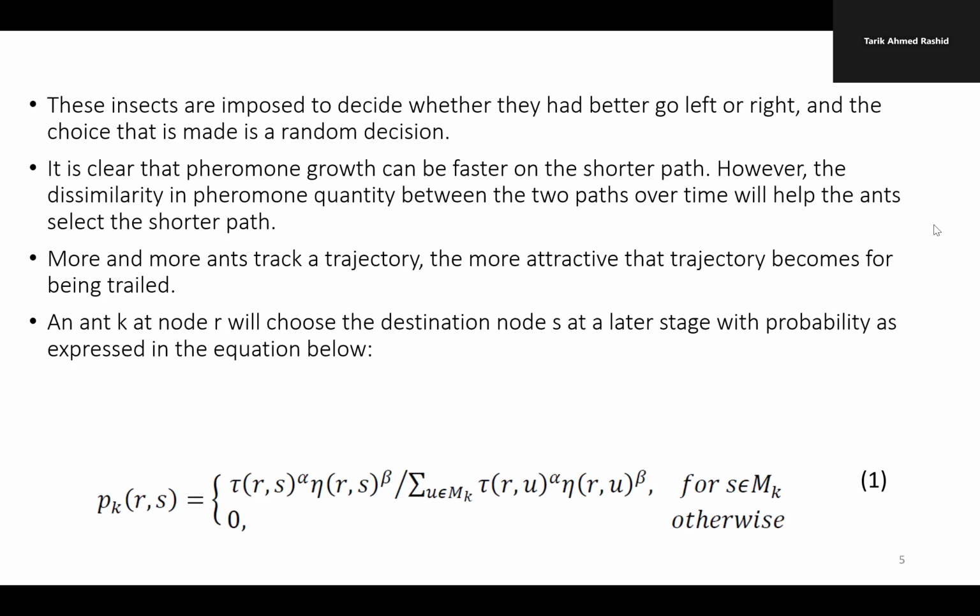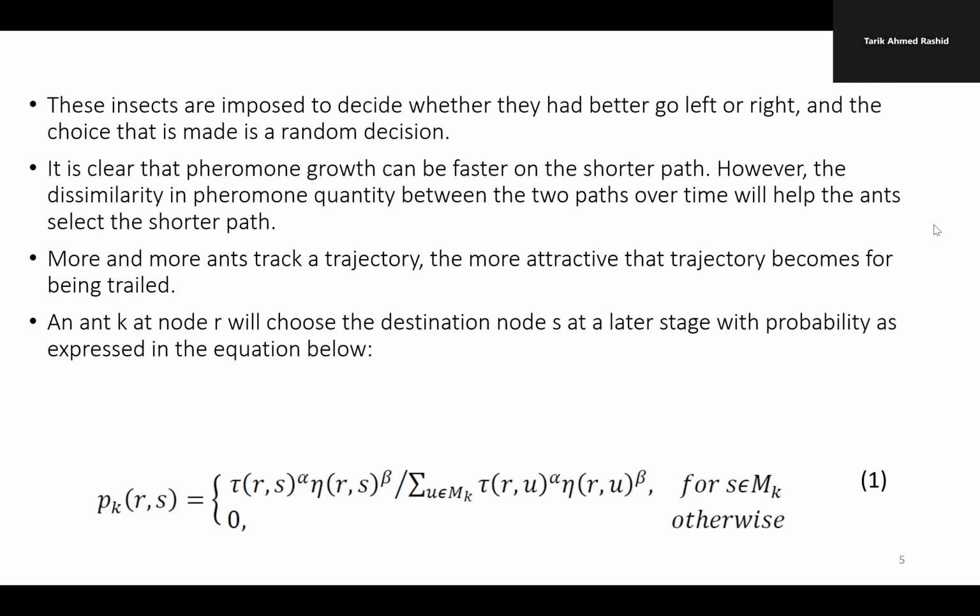So the shorter path will get a lot more pheromones. However, the difference in pheromone quantity between two paths over time will help the ants select the shorter path. The more ants track a trajectory, the more attractive the trajectory becomes for being tried.